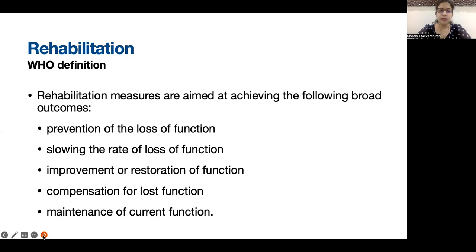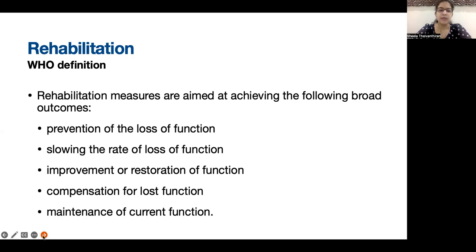If you have a child who is born with CP, we'll try to improve their function as they grow, because it depends on the level of CP they're born with. If somebody has, for instance, ALS, we try to prevent further loss of function, giving them the optimal functional chance they have at that current level, and we try to slow it down.